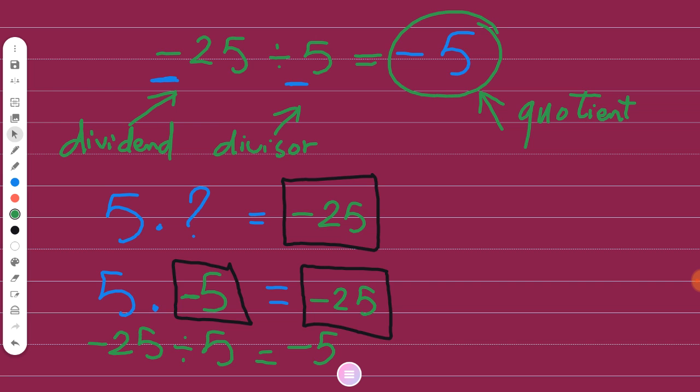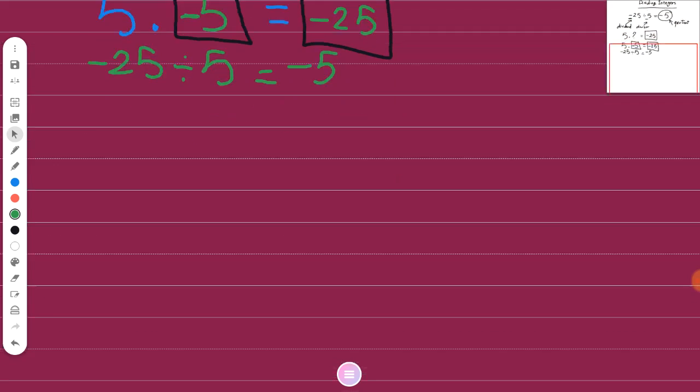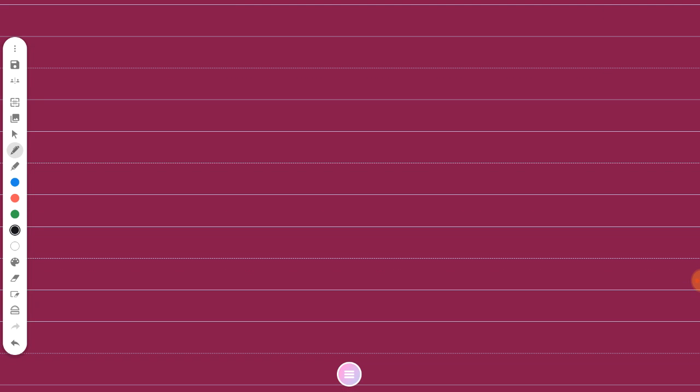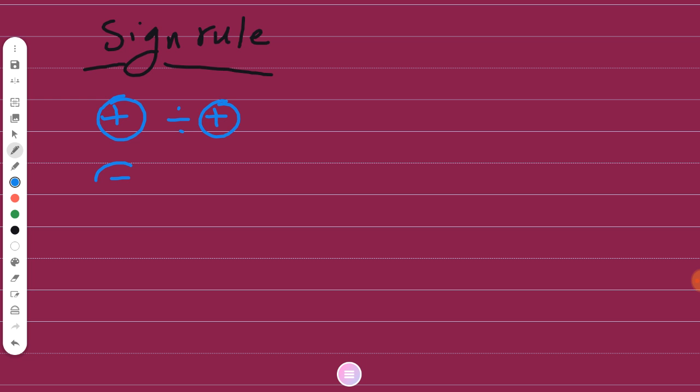Okay, let's take the sign rule. What is the sign rule? The sign rule of division is the same as the sign rule of multiplication. How? Positive divided by positive or negative divided by negative, the answer should always be in what?